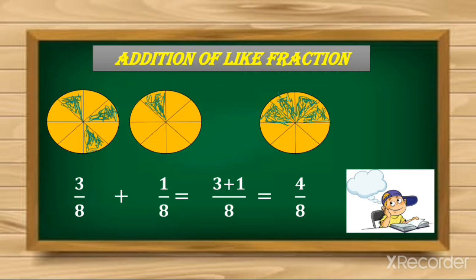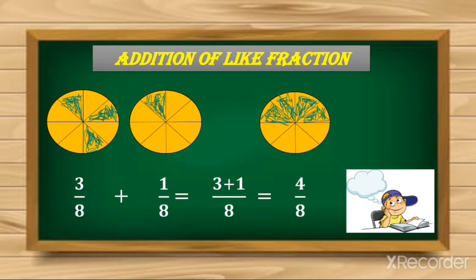Now students, here you can see that in both the fractions their denominator is the same, 8. So what we are going to do is, we will write 8 one time only while adding the fractions, because in both the fractions the denominator is the same. In like fractions students, we are supposed to add only the numerator part because the denominators are the same.